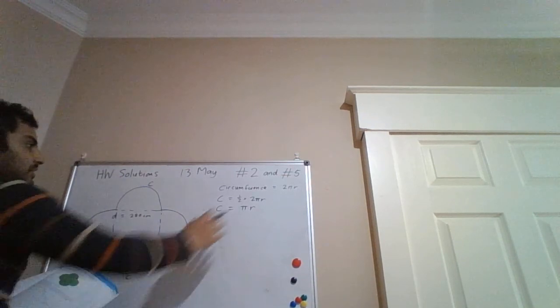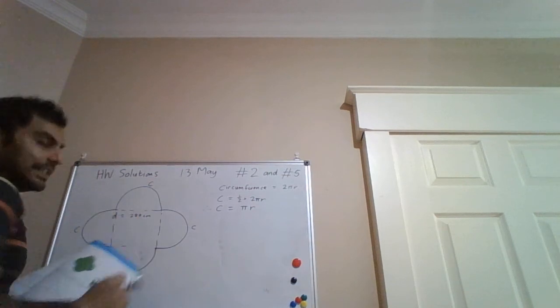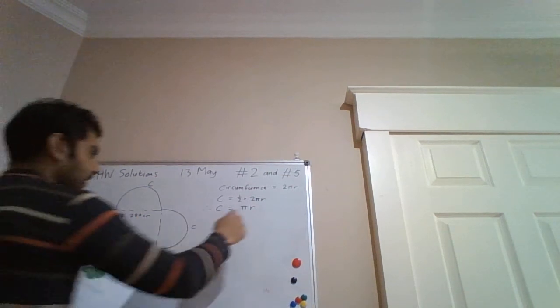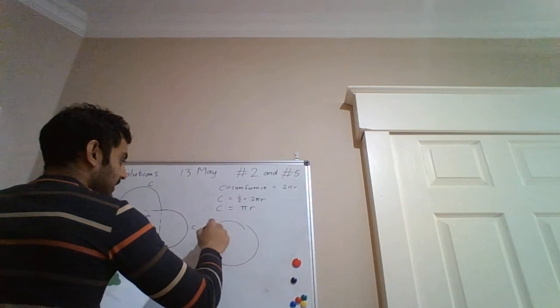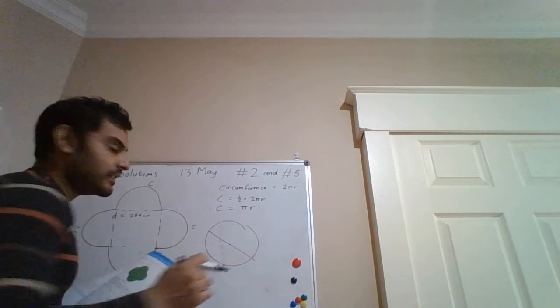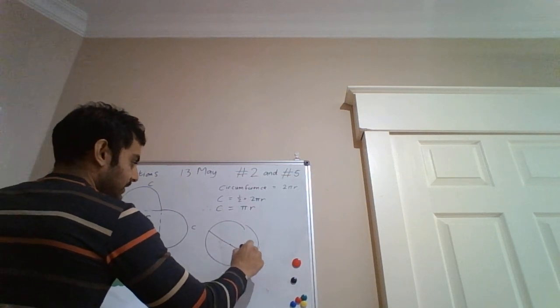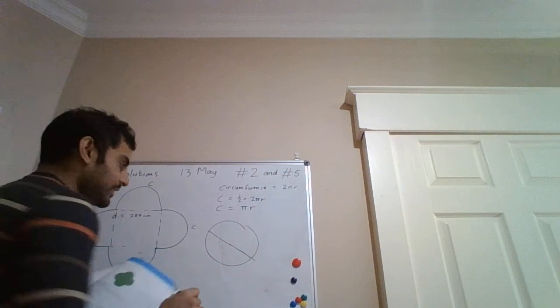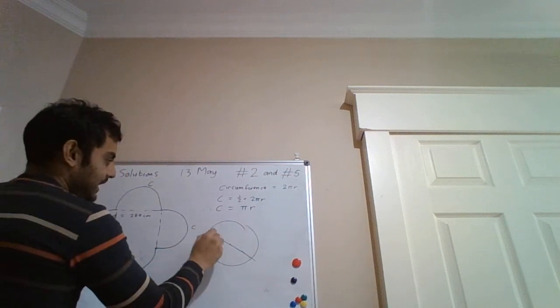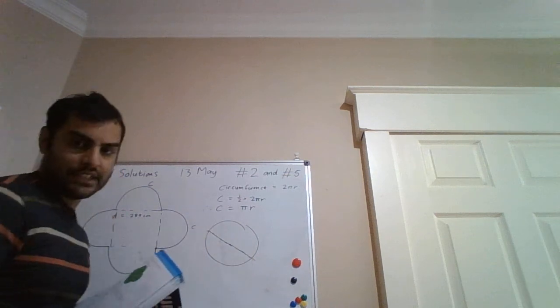Now in this equation we need to substitute r, but all we are given is the diameter. So once again, the diameter passes through the middle, and by definition the radius is the line that goes from the middle to the end. So in other words, the diameter is like a radius from the middle to this side plus another radius.